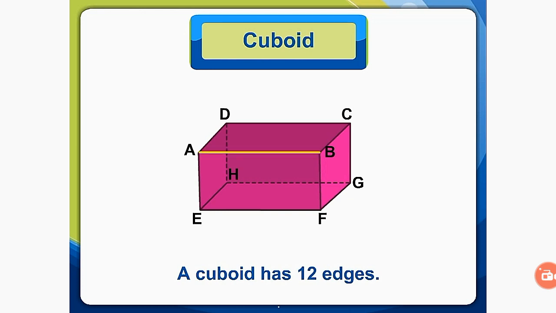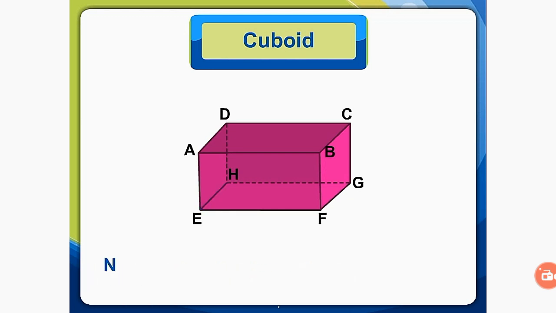AB is one edge, CB, CD, AD, AE, BF, CG, DH, EF, GF, and GH, HE are the 12 edges of this cuboid.